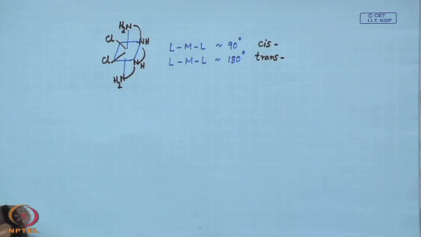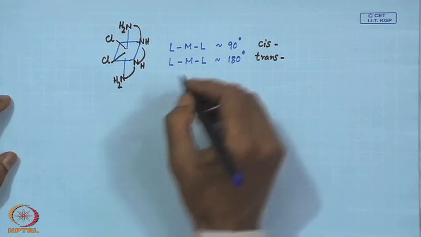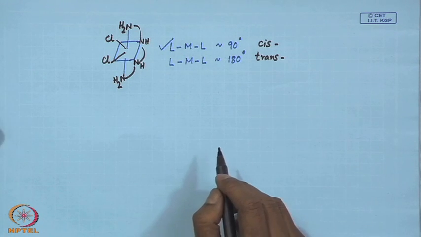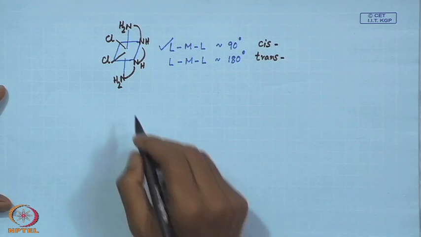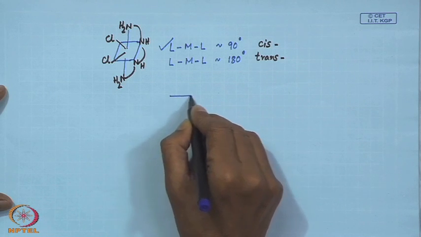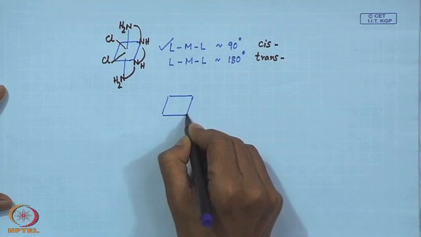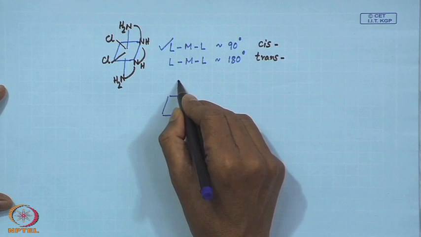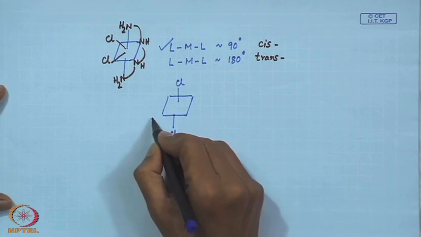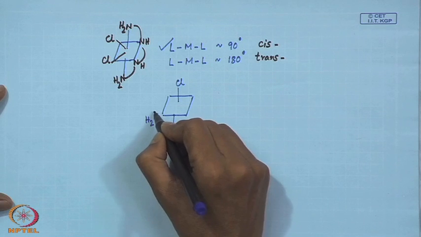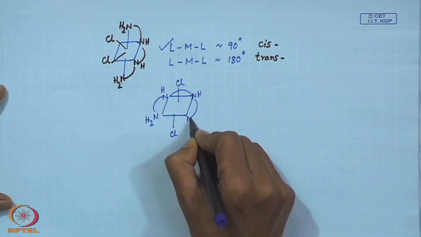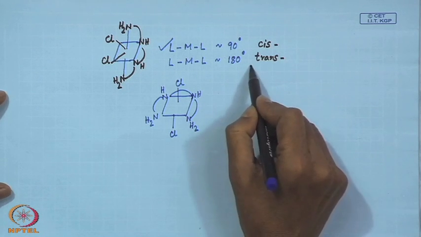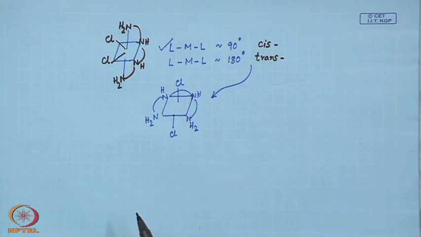If it is chelating, then all four positions are blocked and we will have only the cis isomer. And if we are lucky enough to get the corresponding arrangement of these two chlorides as Cl and Cl, and this chelating ligand as NH2, NH, NH and NH2, we get the corresponding trans arrangement.